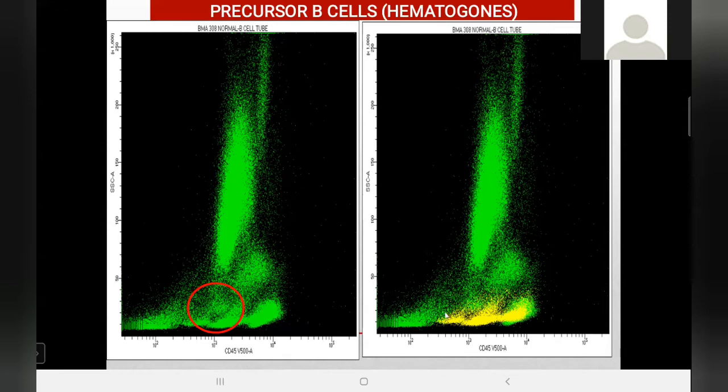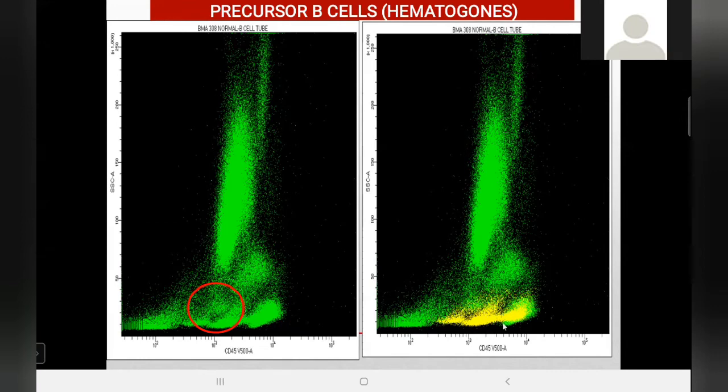But when you look at this, why have I put these is because just see one thing, that they have a very low side scatter, like they are extremely at the bottom, and you can see 3 clusters, 1, 2, and 3. So when you see these 3 clusters together, it's like one cluster holding the hand of the other one, holding the hand of the other one.